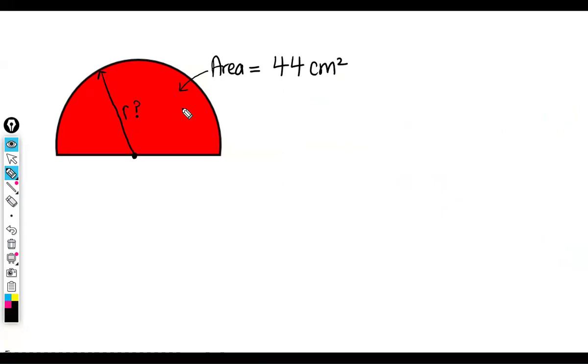It would make much more sense to use the second formula, the shortcut formula, because that shortcut formula makes it really, really easy to cross multiply. So let's see what you guys got here. Find the radius of that semicircle, and my advice is use the second formula, the one with the 14 in it.